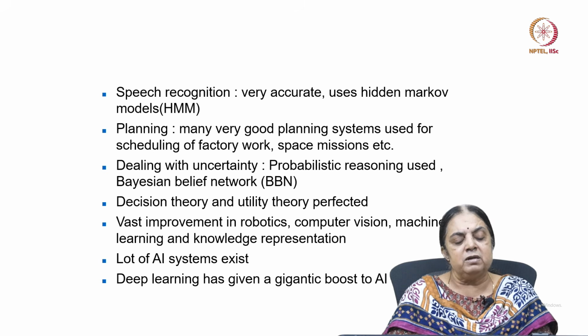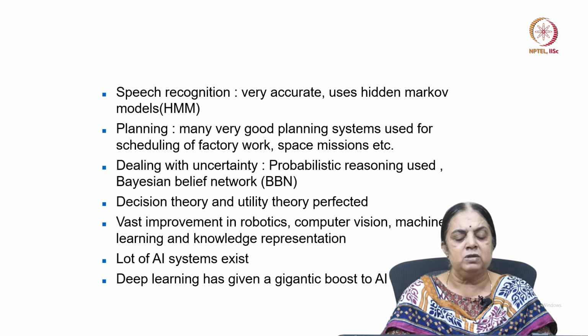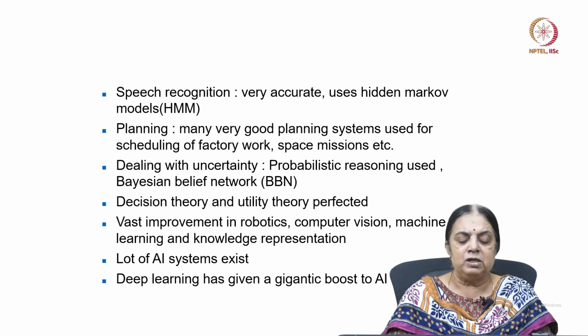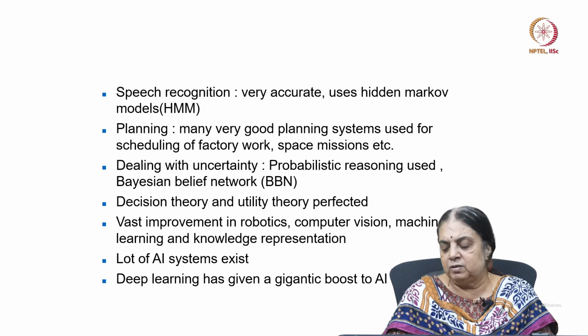You also find that there's a lot of improvement in robotics, computer vision, machine learning, knowledge representation. Okay, so for example, in knowledge representation, some of the old methods have just gone out of use.